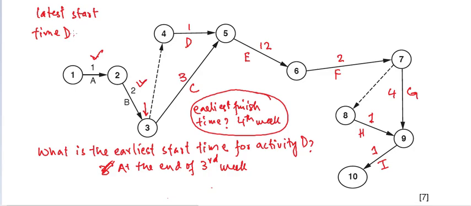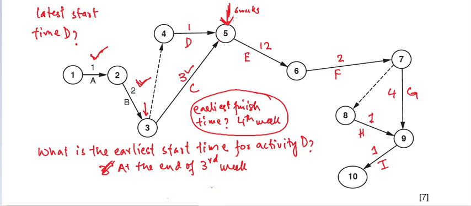Meaning, how late can we possibly go till we can start activity D? So what you can see here is that this takes 1 week, this takes 2 weeks, that is 3 weeks, and this takes 3 weeks, which is a total of 6 weeks. Which means what? We would have accomplished milestone 5 at the end of 6 weeks, right? And this is the point.